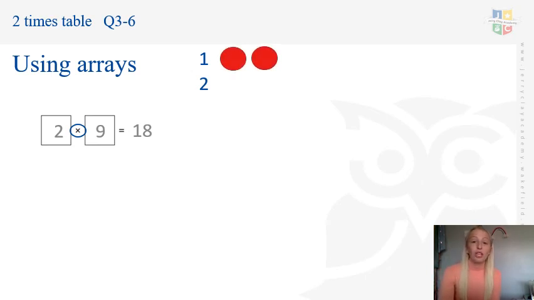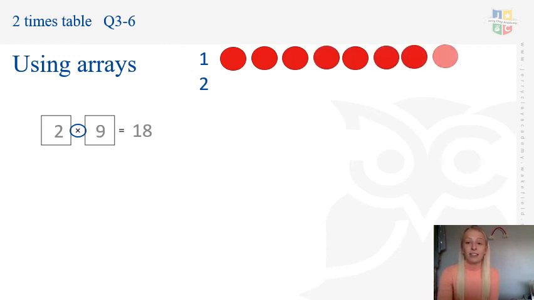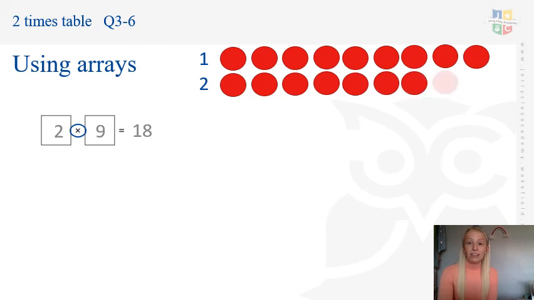So I need 1, 2, 3, 4, 5, 6, 7, 8, 9. And again, in this group I need 9. So 1, 2, 3, 4, 5, 6, 7, 8, 9. So I can count an array across, or I can count it down. It's still an array and still represents a times table, and it represents groups of. So in each group I've got 9.